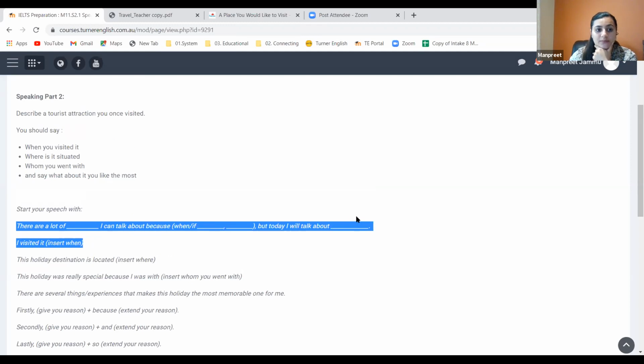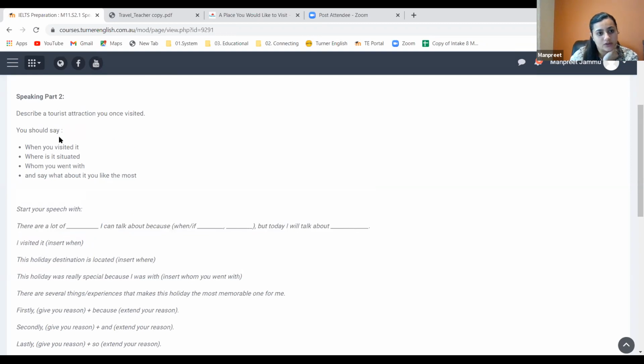But today I will talk about my favorite tourist attraction, which is, and then just mention the name of it. After that, in your cue card, you pretty much have to address all the bullet points here. So the question is, describe a tourist attraction you once visited. What kind of tense are we going to use for this particular sentence?